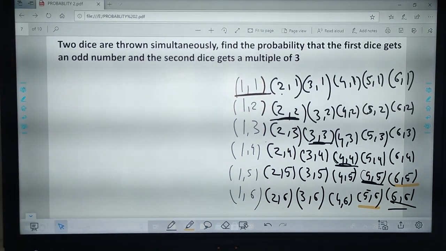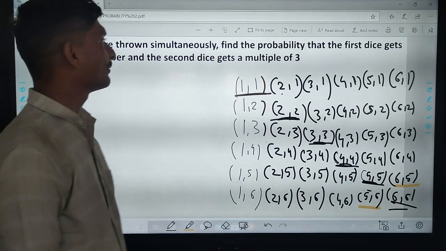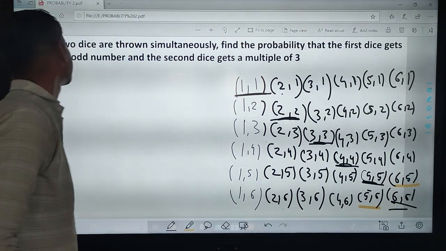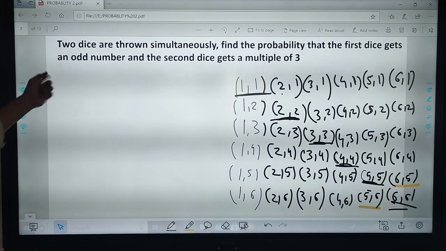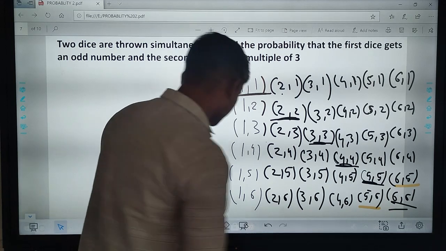Two dice are thrown simultaneously. Find the probability that the first die gets an odd number and the second die gets a multiple of 3.